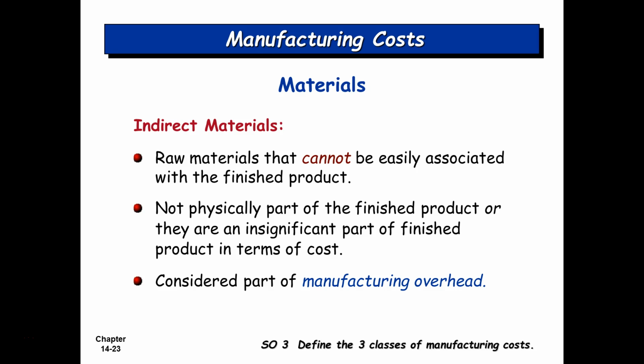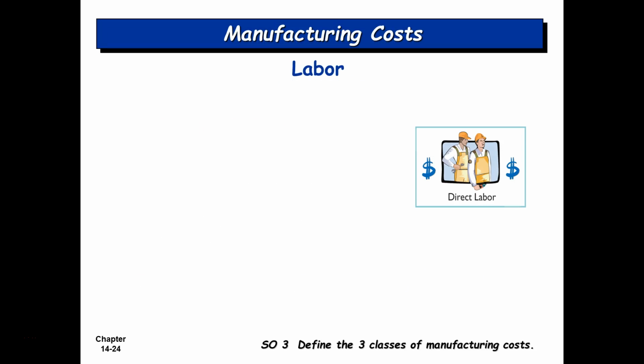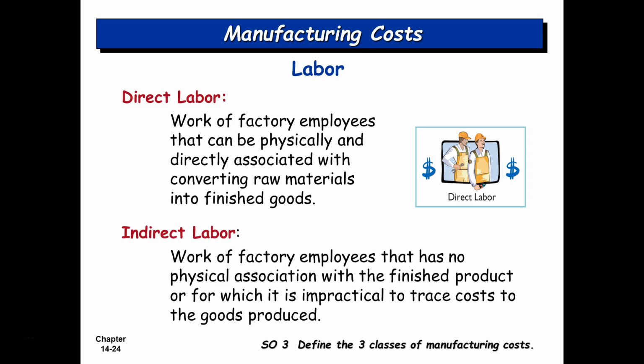The next manufacturing cost we spoke of was direct labor. These would be people working on our chairs, the people on the production line, the people who are literally putting together the product. Indirect labor would be the work of the factory employees that have no physical association with the product.